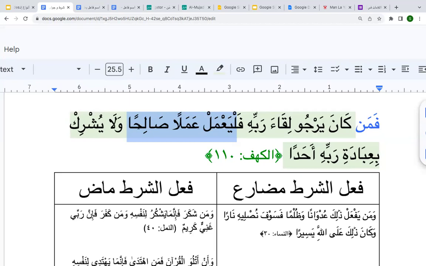At the sentence level, we are talking about the fail being majzoom because of lam. Fail ya'mal is majzoom because of lam. But the whole sentence is majzoom because of fa'ur rabita. Okay? So there is a difference.